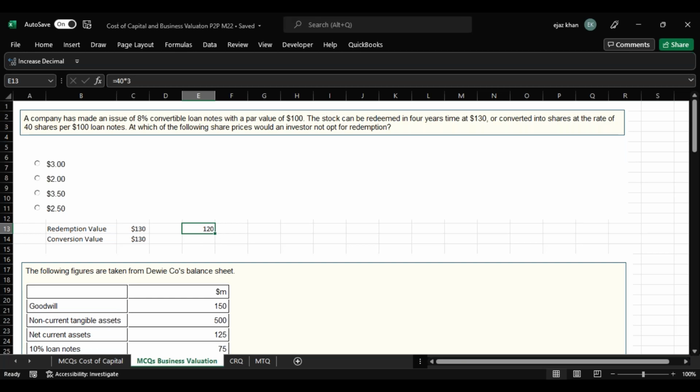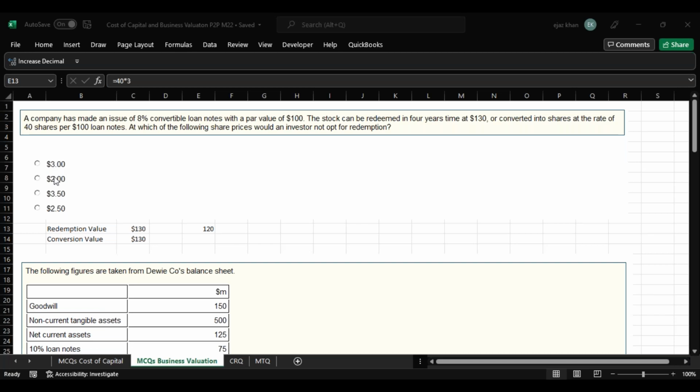Now tell me, if you are the investor, will you choose to redeem and get $130, or will you choose to convert and get shares worth $120? Obviously we will be redeeming. So that's not the price he's looking for.